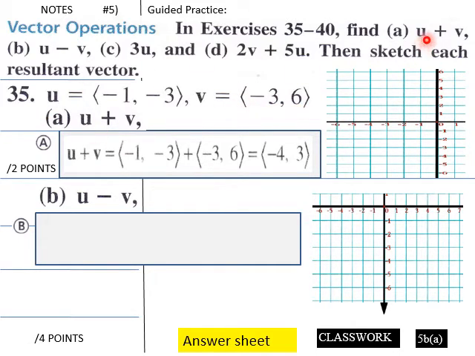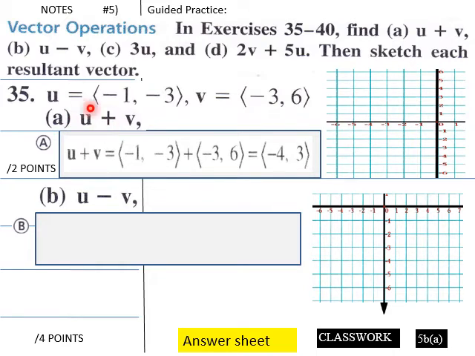For a, which is u plus v, in this problem set we have a as u plus v, b as u minus v, c would be 3 times u, and then d would be 2v plus 5u. So then sketch each resultant vector.